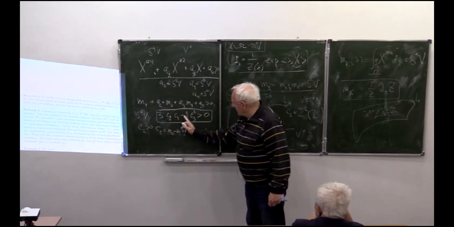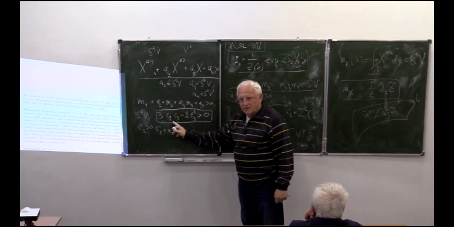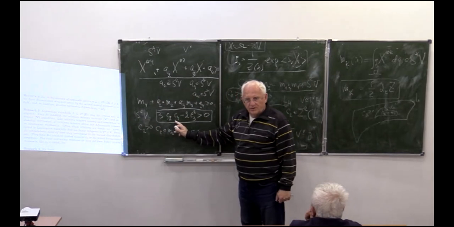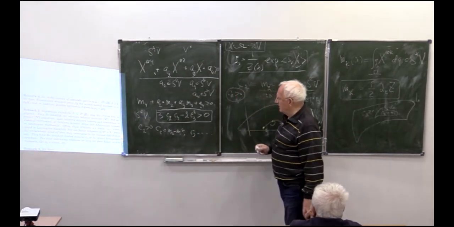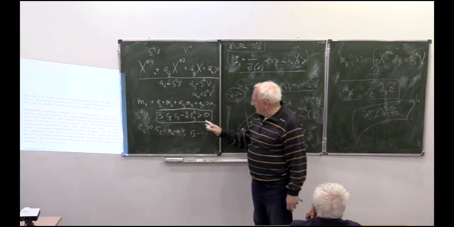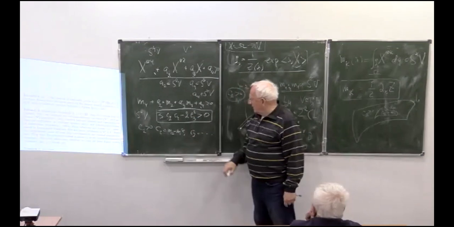If you just move to this, it also will be positive. So this should be positive, which in particular means that C4 should be positive. But it's not enough to require that C4 is positive. You should require namely this. It's really conditions that involve the second central moment, the fourth, and the third.